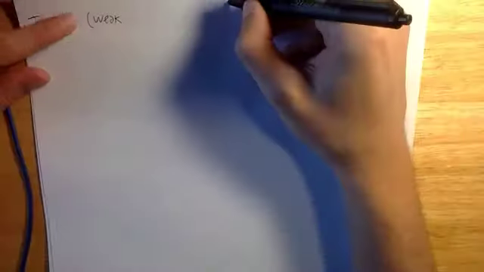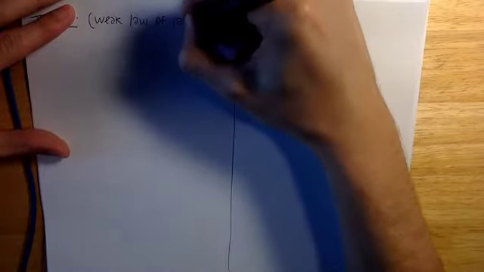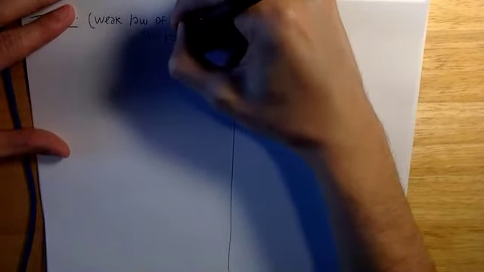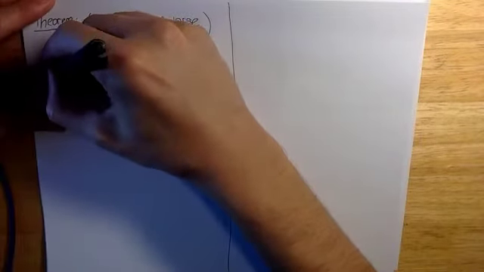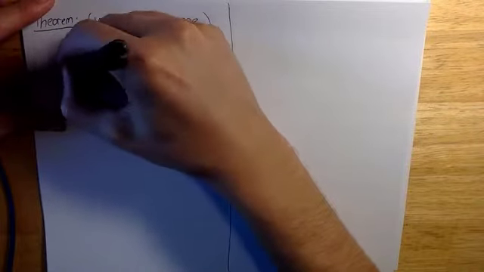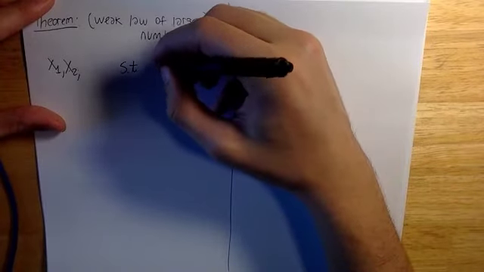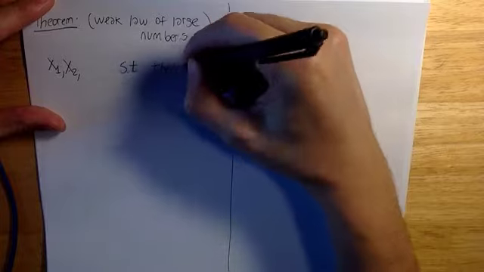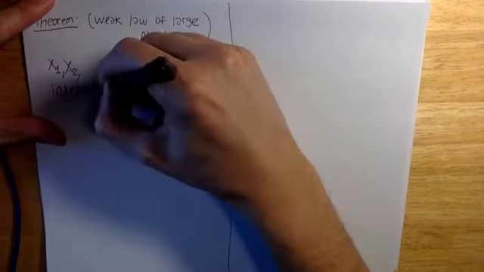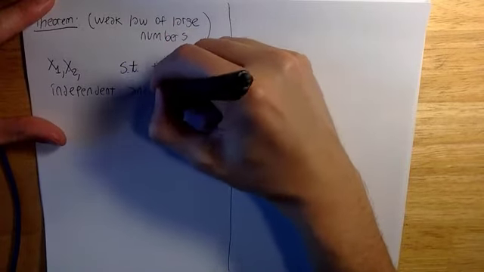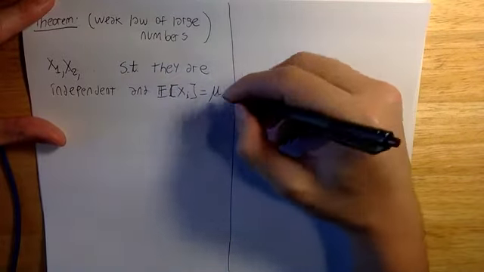Okay, so theorem, weak law of large numbers. We take x1, x2, and so on, such that they are independent, and the expected value of xi is equal to mu for every i.